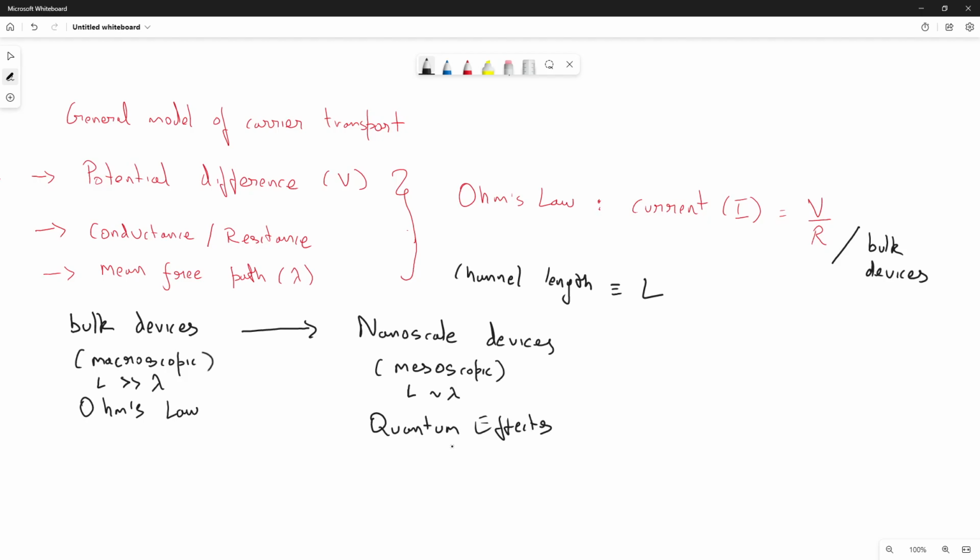Now, why are quantum effects more prominent here and less prominent here? Can somebody give me some kind of an argument? For people who have been attending the previous week's sessions, this was discussed in our very first session. What happens in mesoscopic devices that leads to the emergence of quantum effects in the channel?